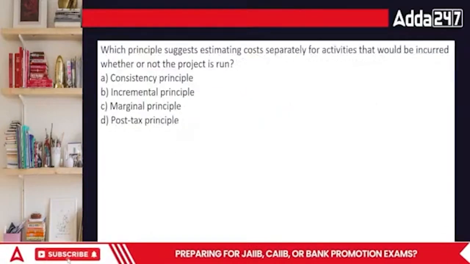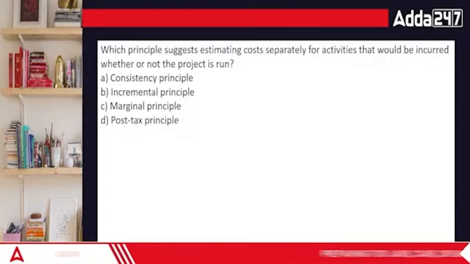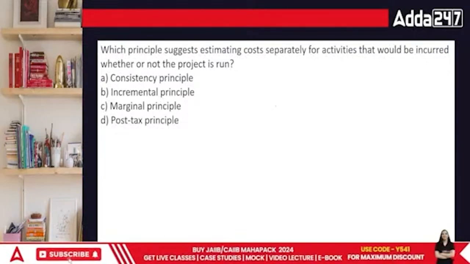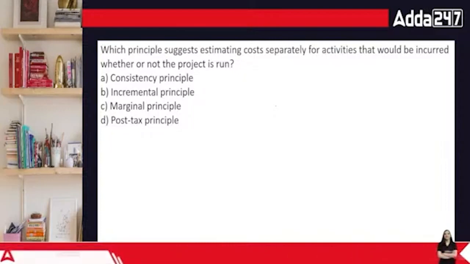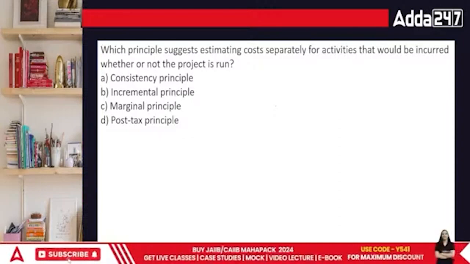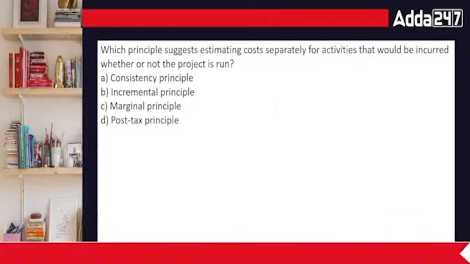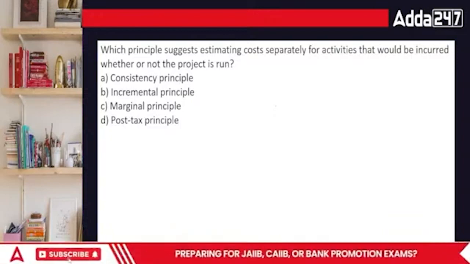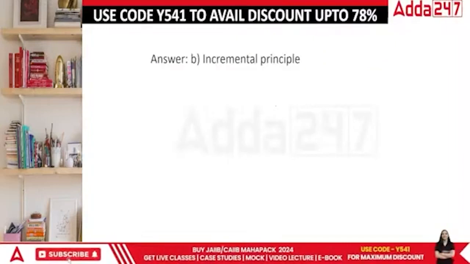Now, next point. Which principle suggests estimating costs separately for activities that would be incurred whether or not the project is run? Consistency principle, incremental principle, marginal principle, or post-tax principle? Whether or not the project is run. We're looking at the project if it is running or if it is not running. Then the answer should be incremental principle.